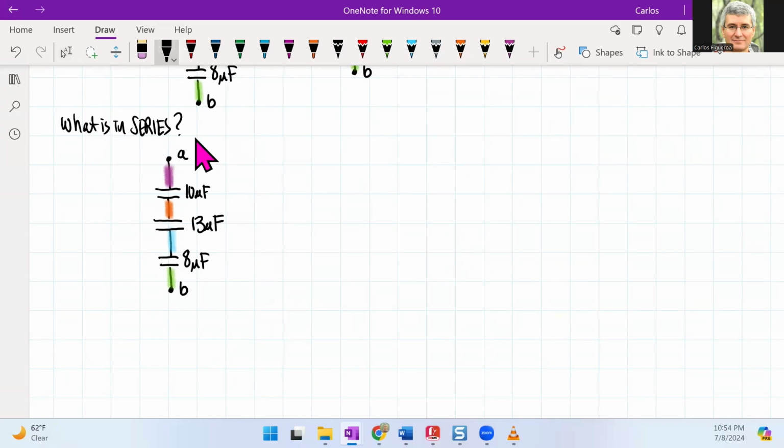So what I'm seeing here is that mathematically, textbooks try to tell you that since all of these are in series, I can rewrite this as A, and then I could make the combination of C1, C2, C3.